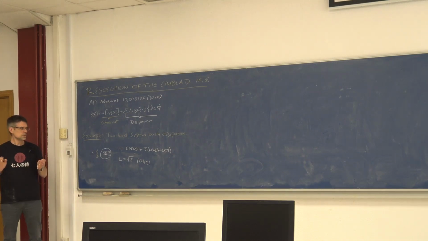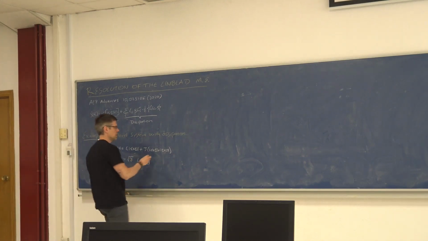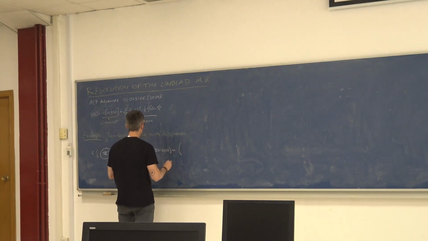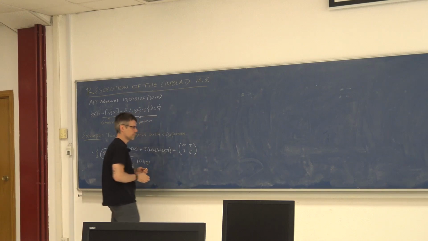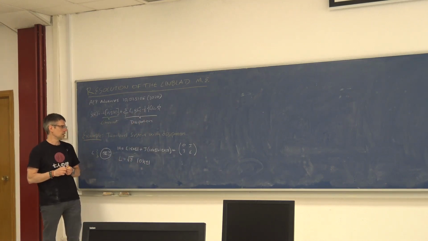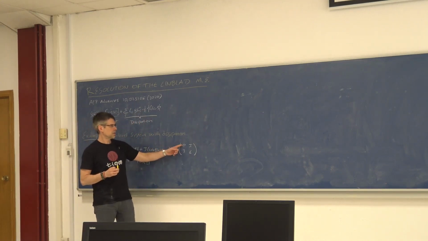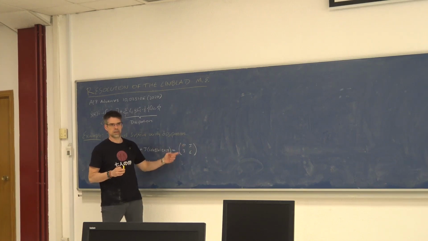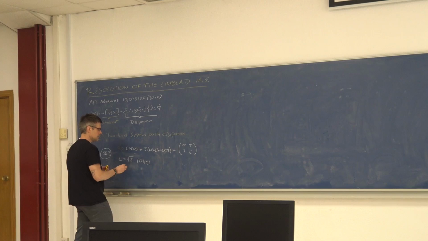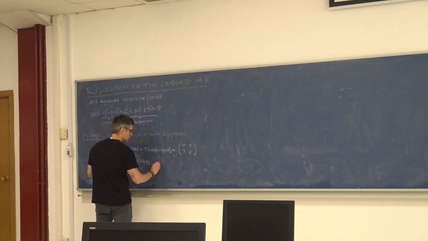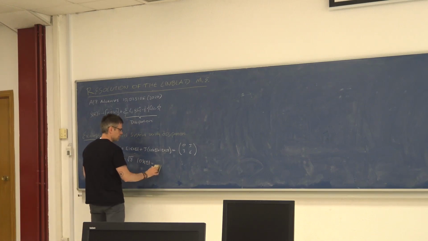Let's write this in a matrix way. This will be 0, this will be epsilon, this will be J, this will be J. So basically 0 energy, epsilon energy, and the J interaction between the 0 and 1. This in a matrix form will be, let's include the square root of gamma.